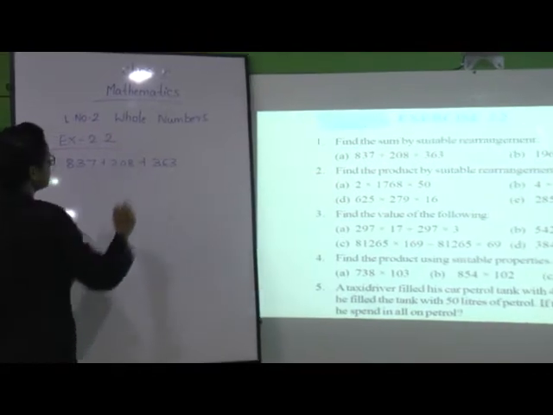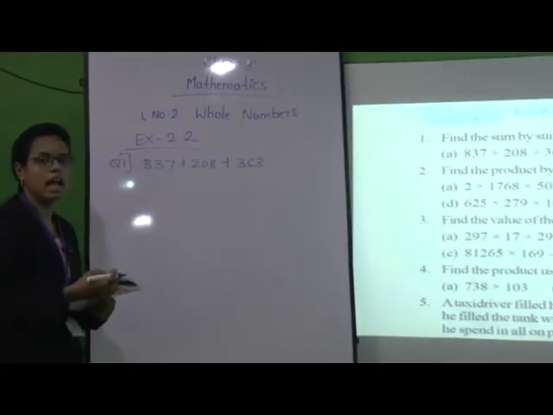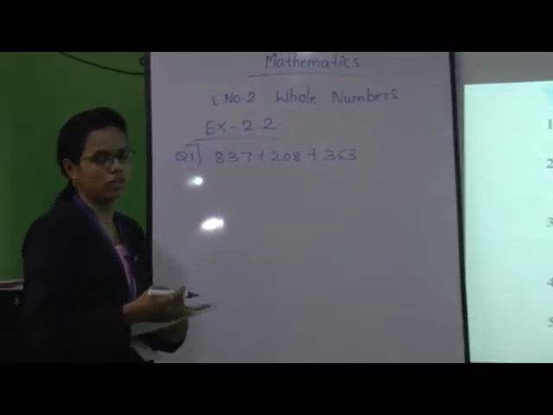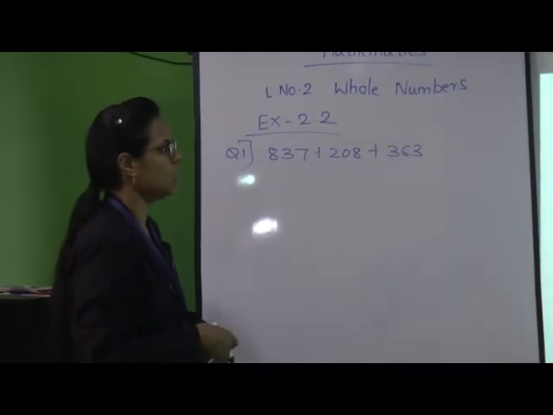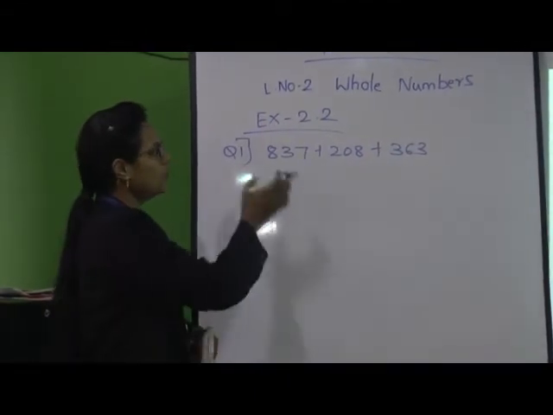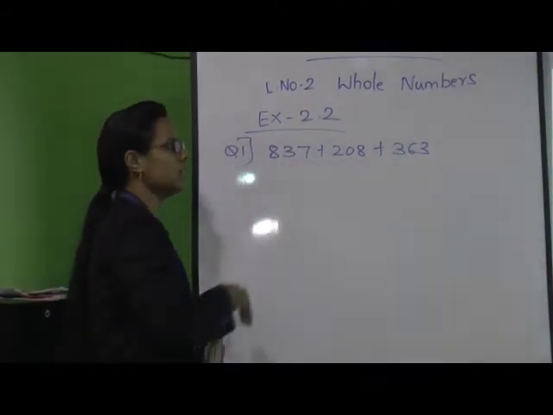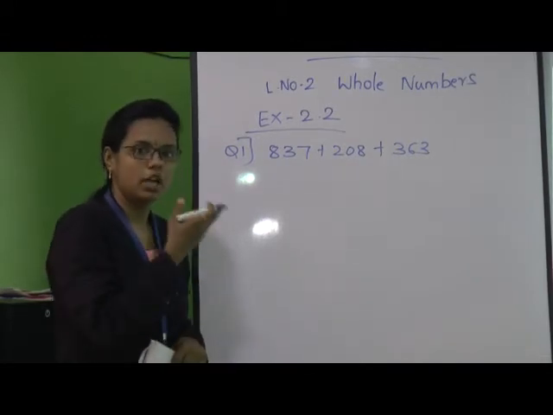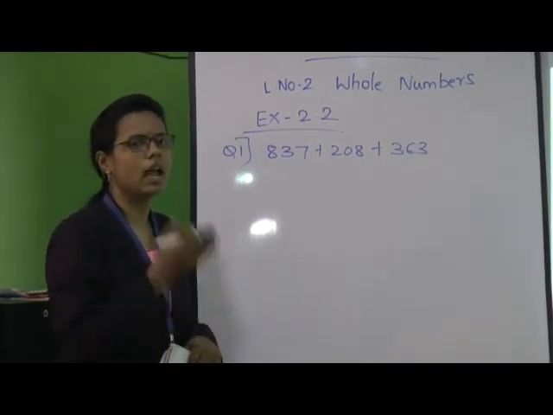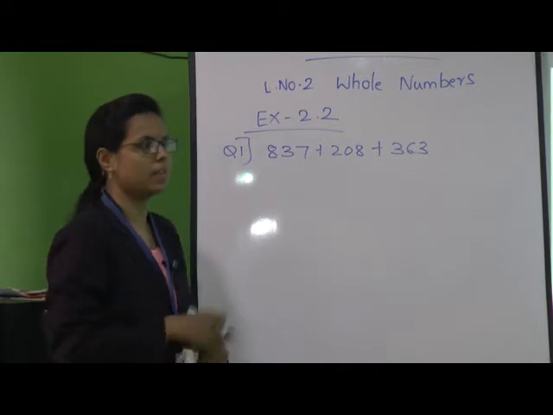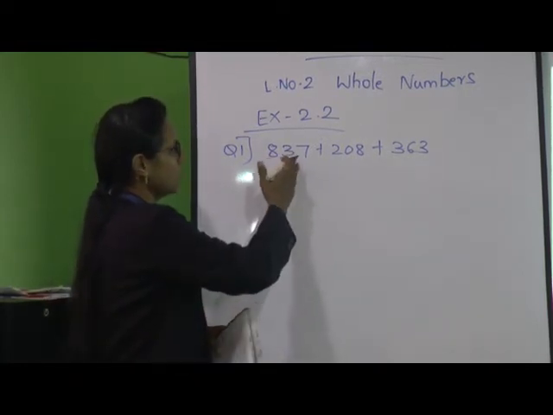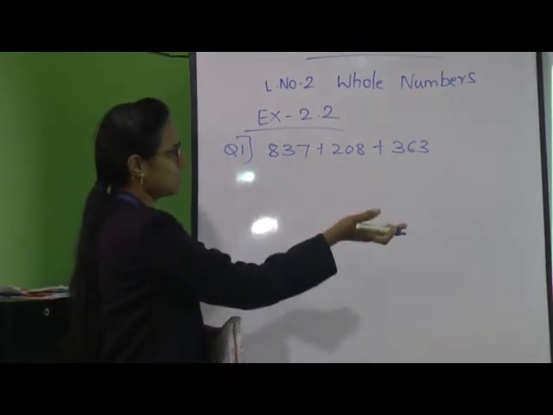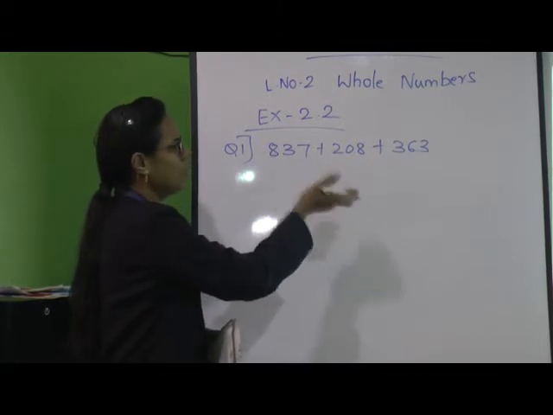Now in the question itself it is given that we have to rearrange. What is meant by rearranging? In order to get the result of this particular addition very easily, we have to rearrange the numbers. It means 837 can be taken as last and 208 can be taken as first.